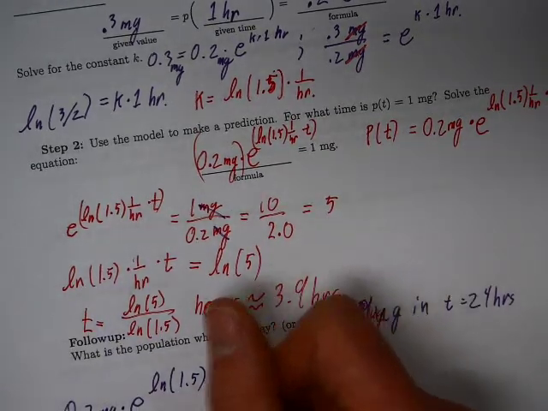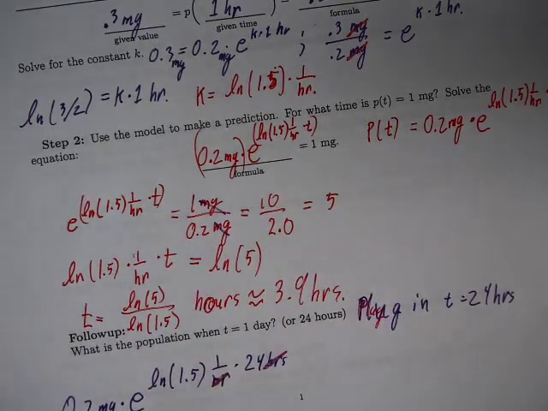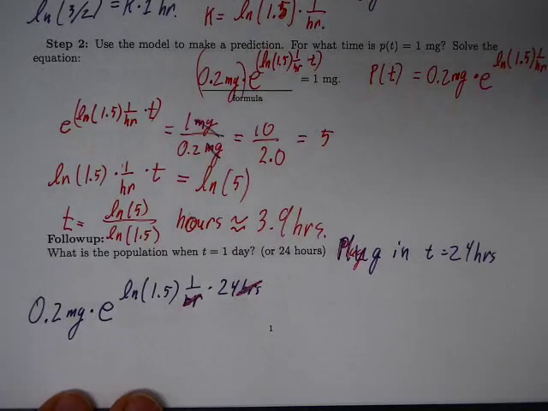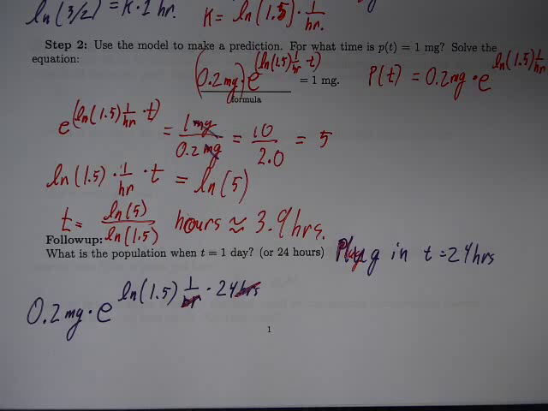And before you do anything, the things in the exponent cancel, which they have to. I don't know what e to an hour means. I can't have any units up there at the end of the day. And on the one hand, you can just crunch that out. What do you get?